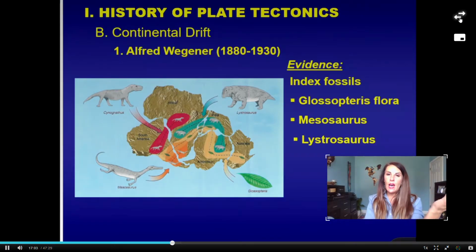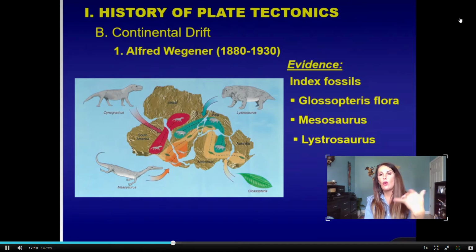You can find it on the southern tip of India, on Antarctica, and also on Australia. So you find it on all the different continents. And so that makes Alfred Wegener curious because remember, he's a meteorologist. So he's like, how in the world can you have this same type of index fossil that is a fern on all these different continents that at modern day have such different climates?